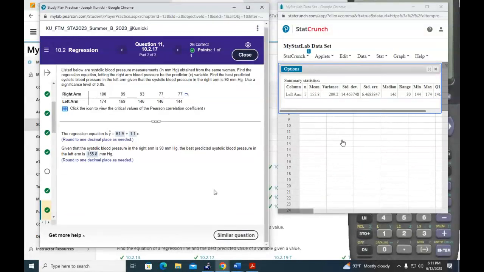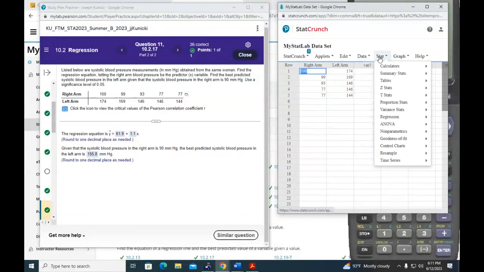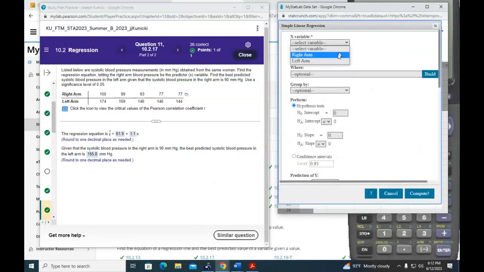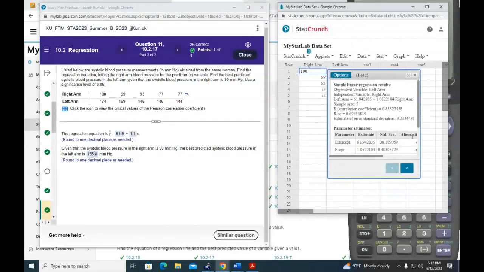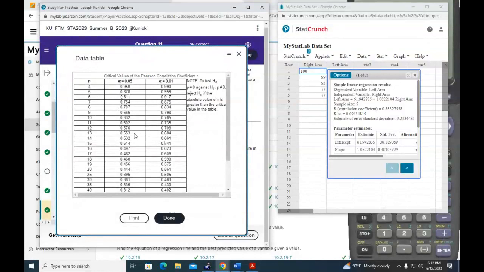Because here's the other thing. If we would have done it the other way, we would have seen that the R is 0.833. This is for n equals 5.